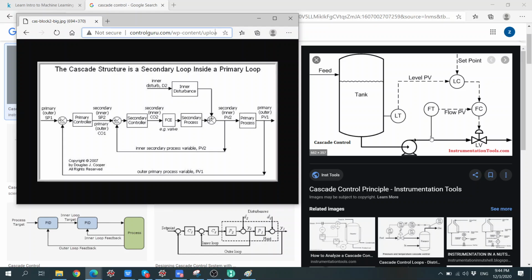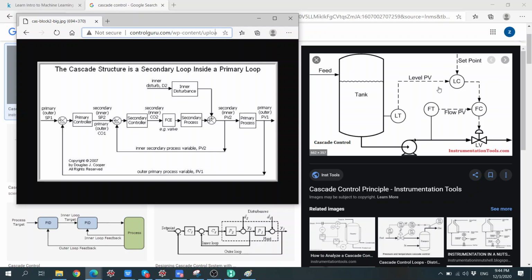And if it's a lower flow rate over here, that means the level will go up. So the lower flow rate goes to this level tank, and then this level will go up. If this level goes up, it will send back to here, so that it can be compared further whether this level is okay or not.